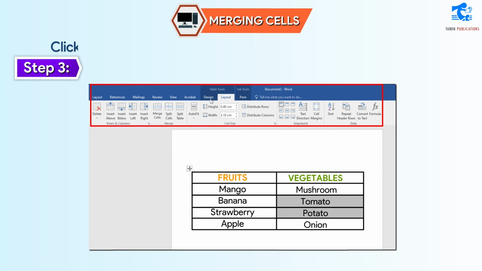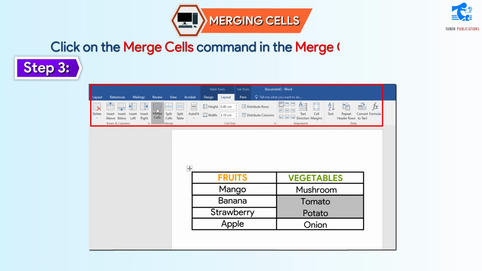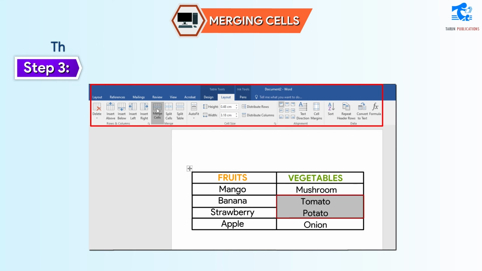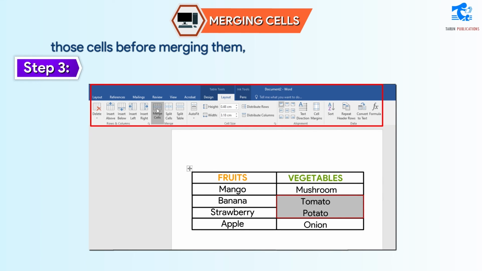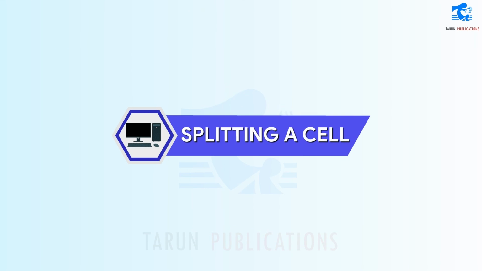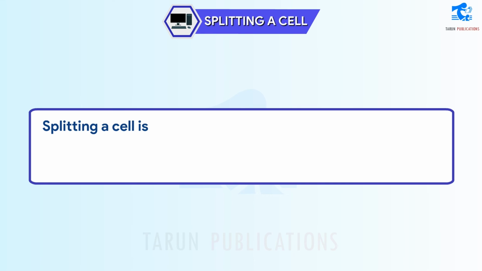Step 3. Click on the Merge Cells command in the Merge group. The cells will be merged together. The data that was entered in those cells before merging them will also get merged together when we merge the cells.